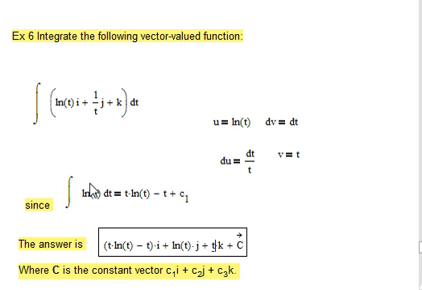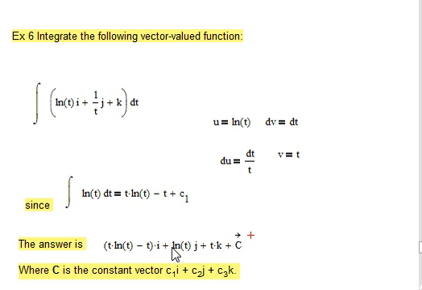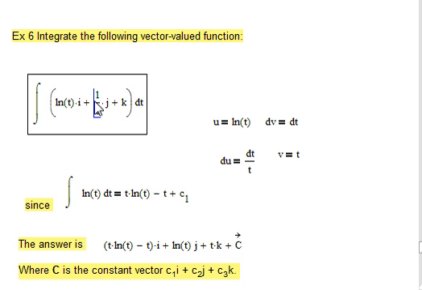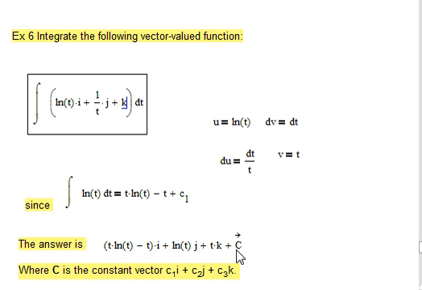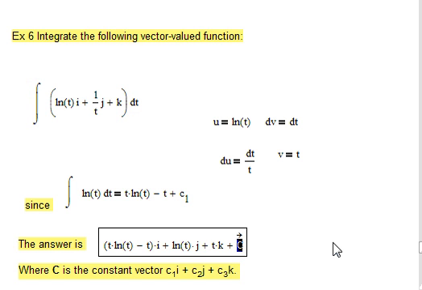And so our answer is this vector valued function, t ln of t minus t times i, plus ln of t times j plus t times k, and then plus c, and I put the vector symbol over the c to show that there's actually a constant vector, which is a constant c1 times i, plus the constant from this integration times j, plus the constant from this integration times k.